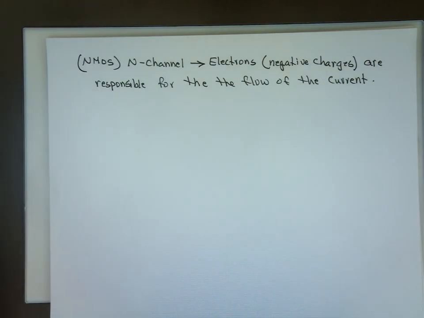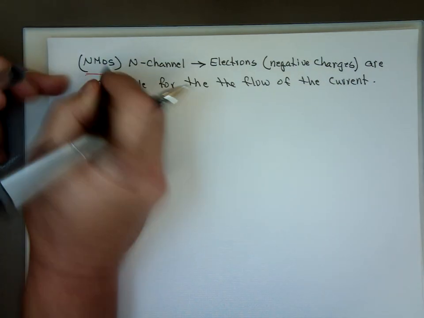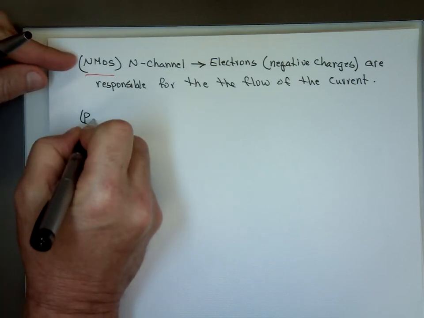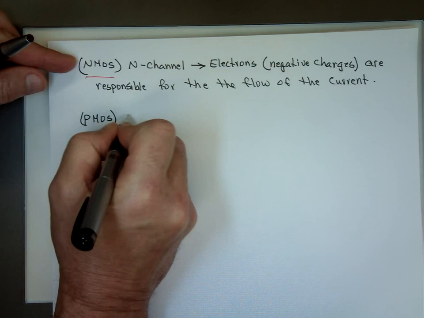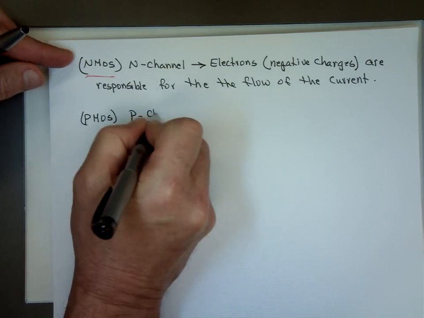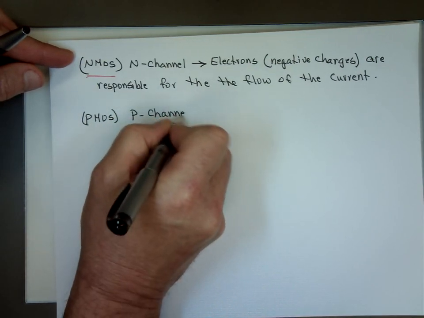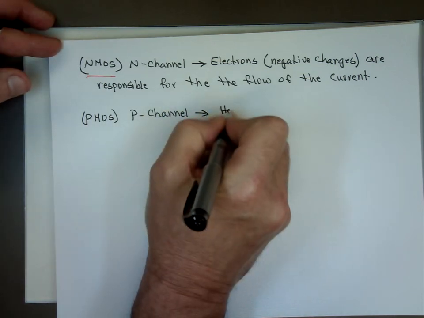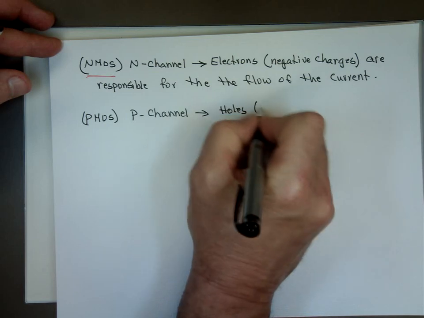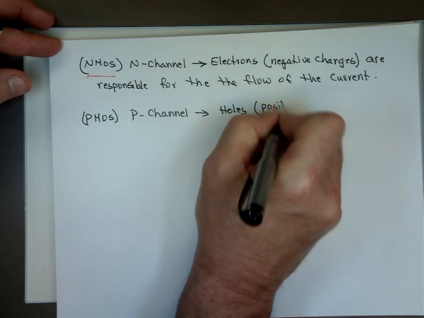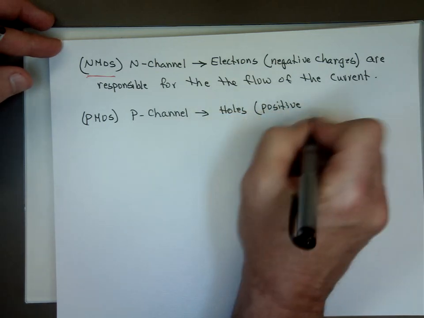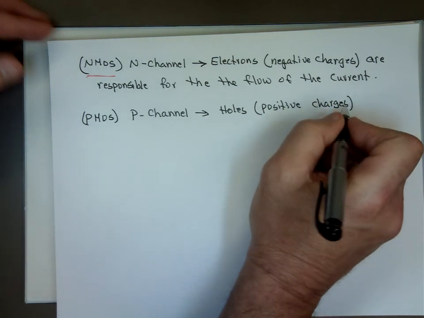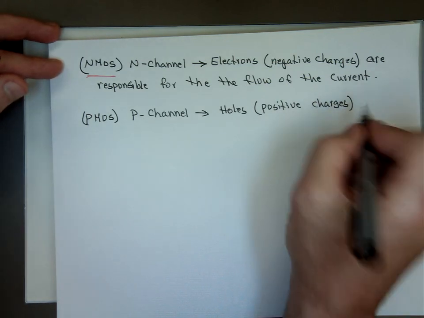So that's with the NMOS. The PMOS is a positive channel. So it can't be the electrons, obviously, because it's positive. It's the holes, which are positive charges, because the holes mean they lost an electron, that are responsible for the flow of the current.